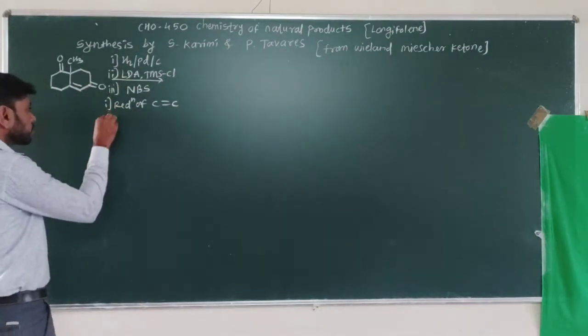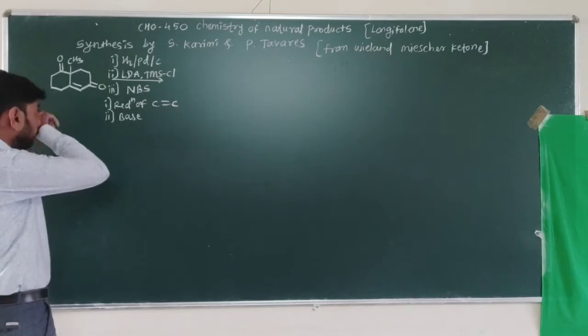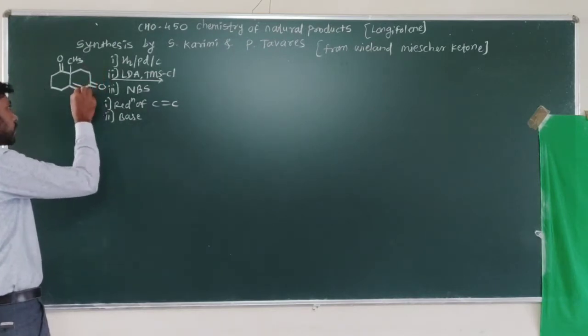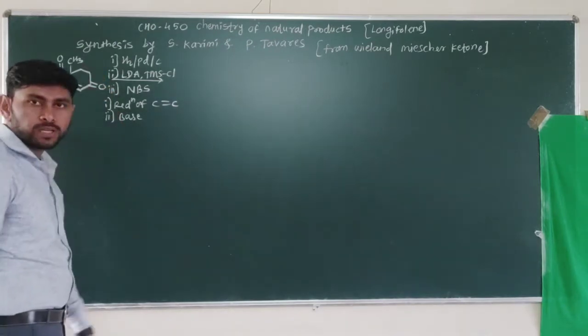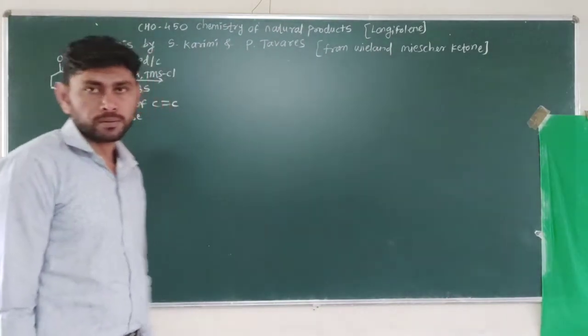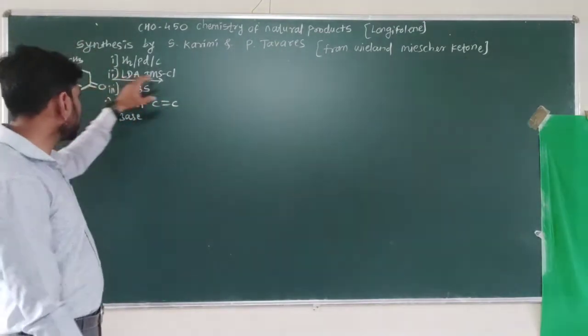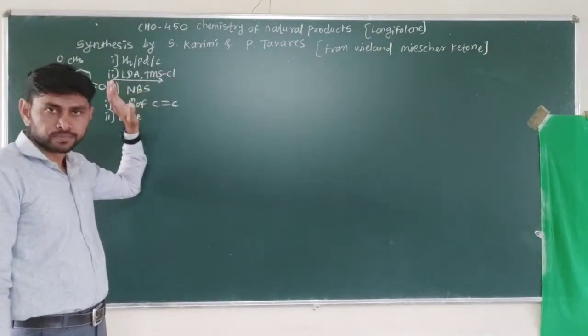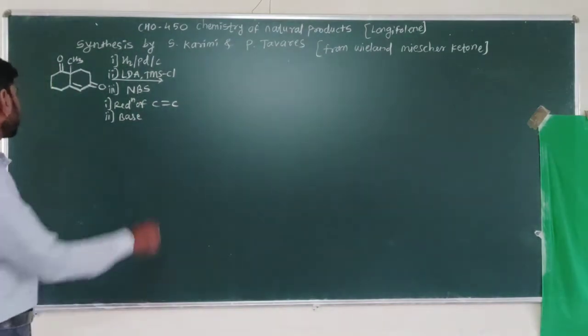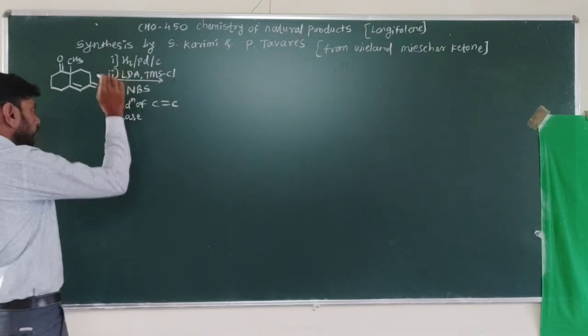Second is used as a base, which removes the proton from this side. So proton removal gives rise to formation of enol. Now the enol is a silyl enol ether. We obtain the silyl enol ether by using this.